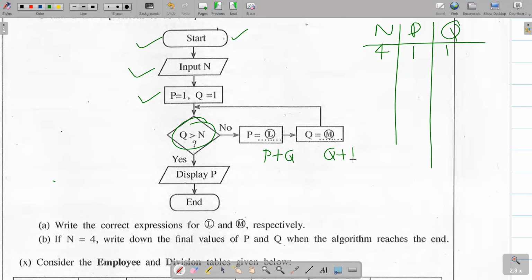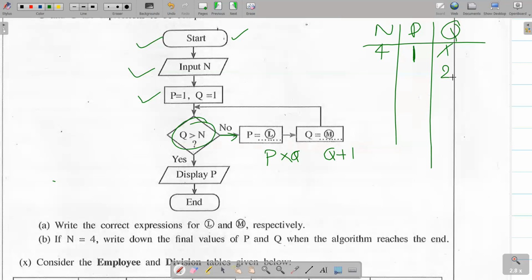And Q is not larger than n, so it goes on this part. I'm sorry, this means P equals P into Q, not plus, my bad. P into Q. So 1 into 1, still 1, so P value is not going to change. Q equals Q plus 1, that means Q becomes 2.